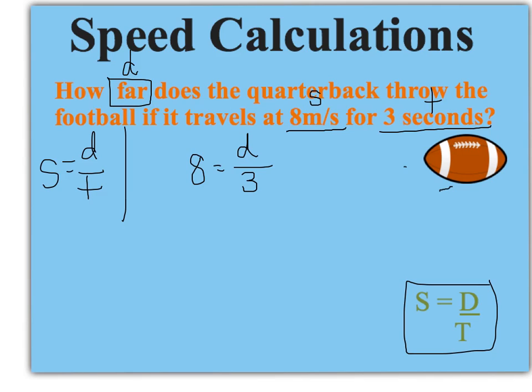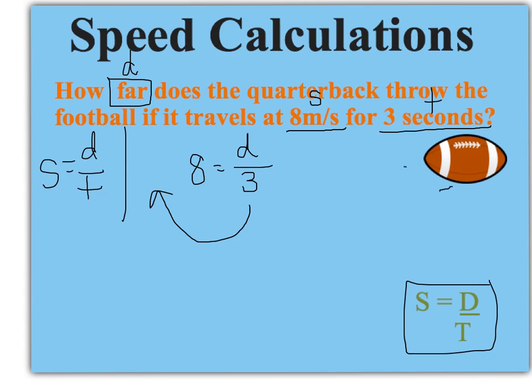Now, it's a little bit more tricky to solve a problem this way, to solve for distance. I can't just multiply or divide because I first need to get the D by itself. So what I'm going to do to get the D by itself is move the 3 over to this side of the equal sign. And the way I can do that is by performing the opposite math operation.